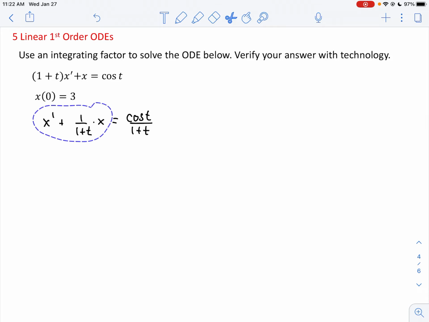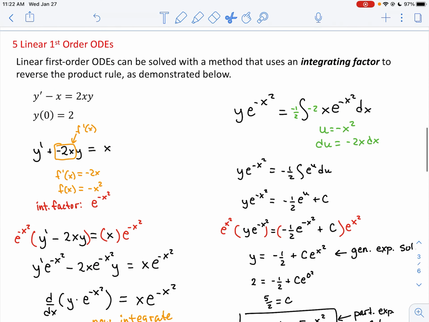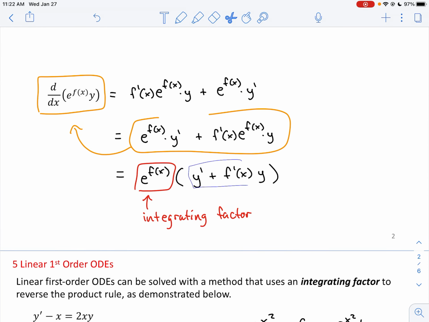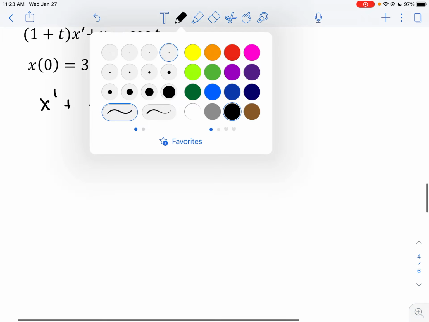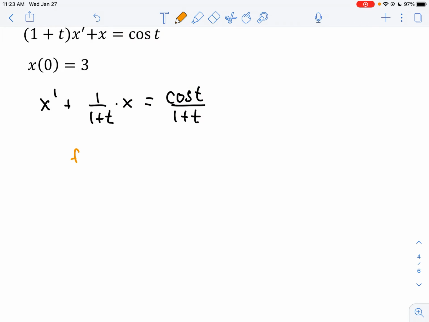So now this side, right here, mimics this expression. So we want to interpret the coefficient of the x as a derivative with respect to t, and then construct the integrating factor next. So our f prime of t is equal to this 1 over 1 plus t.